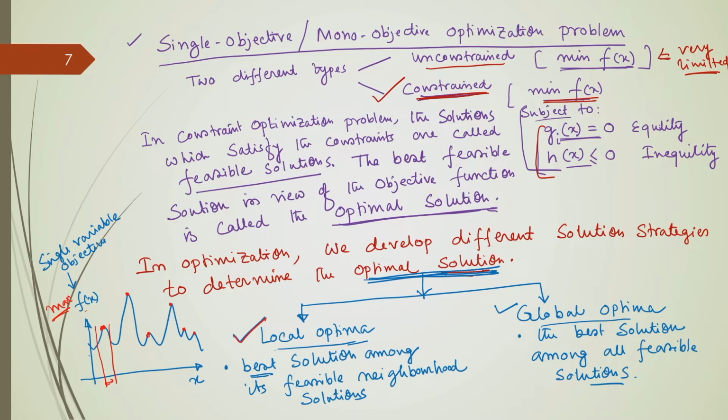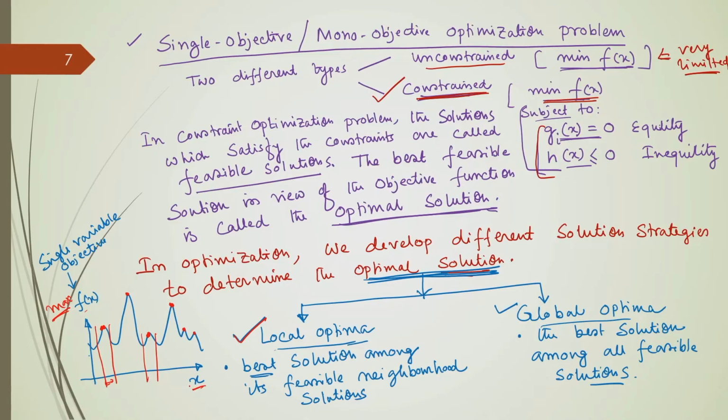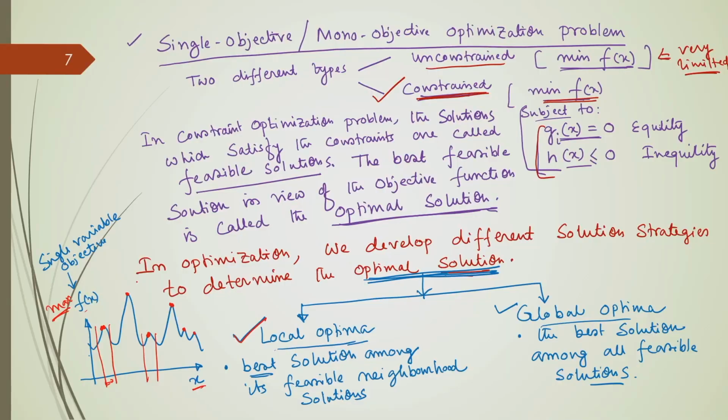Similarly, this is another local optima within its range, and this is another local optima, and so on. Suppose all are feasible solutions, because there is no constraint, we are not even constraining the range of x. Then the best solution among all these local optima is called global optima.